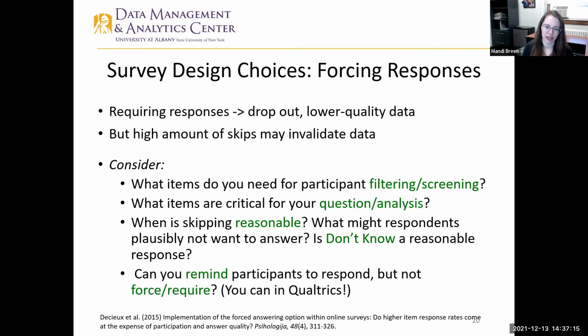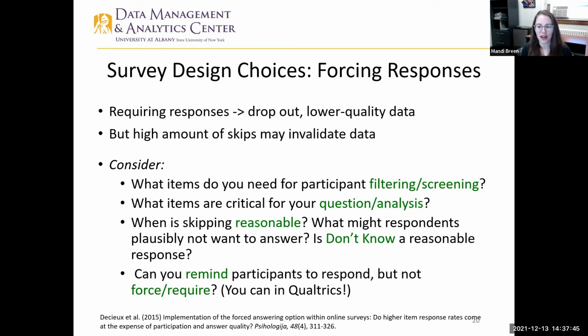So some things to consider are, what items do you need for that filtering and screening to make sure that these are the right participants for you? Those you might consider forcing a response for. What items are critical for your analysis, like I said, or for further future questions. If you're going to need to decide how to show questions to somebody based on how they responded earlier, you might consider forcing a response.